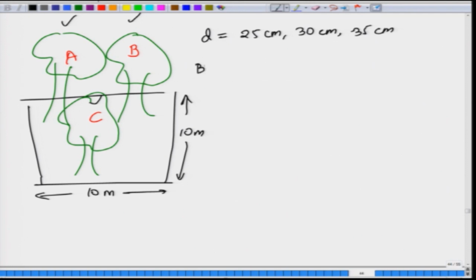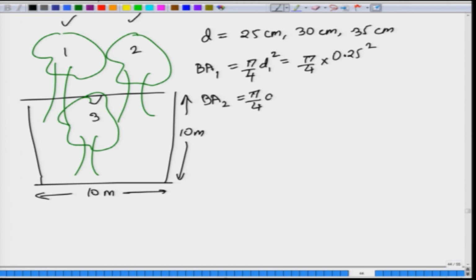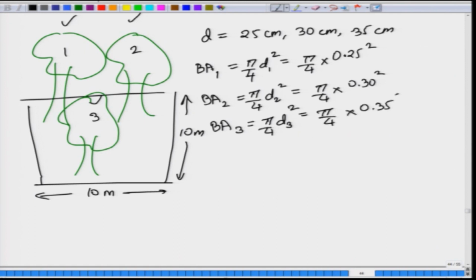So, the basal area of the first tree, let us just call them tree 1, 2 and 3. Now, the basal area of the first tree is given by pi by 4 d1 square, which is pi by 4 into 0.25 meter square. The basal area of the second tree is given by pi by 4 d2 square, which is pi by 4 into 0.30 square, and the basal area of the third tree is given by pi by 4 d3 square, which is pi by 4 into 0.35 square.